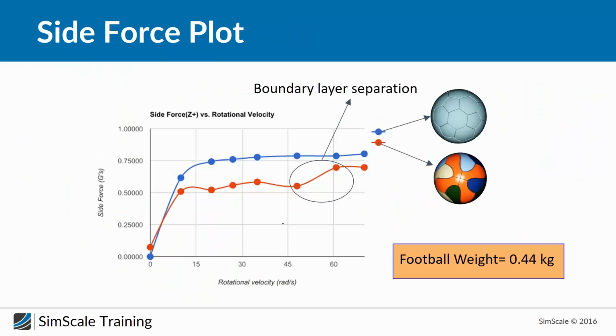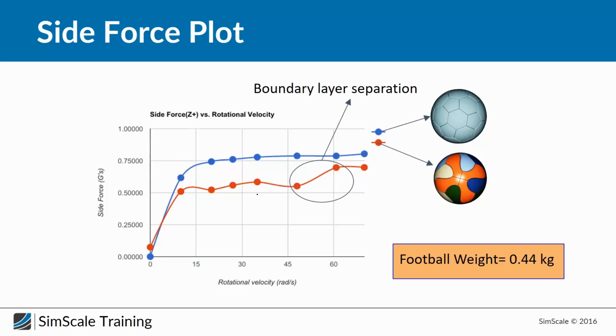You can see here, okay. But now let's take a look at the final results in the end. So this is a side force plot. And here we visualized the results of this whole study. So you can see how the side force is changing. And since we have a constant inlet velocity, in the end the drag coefficient will look quite similar.